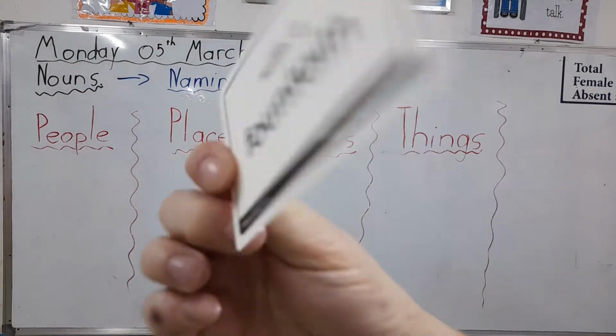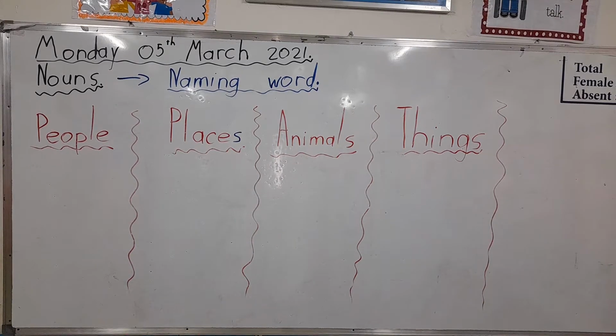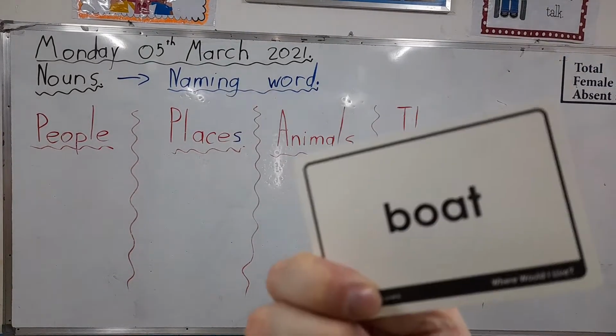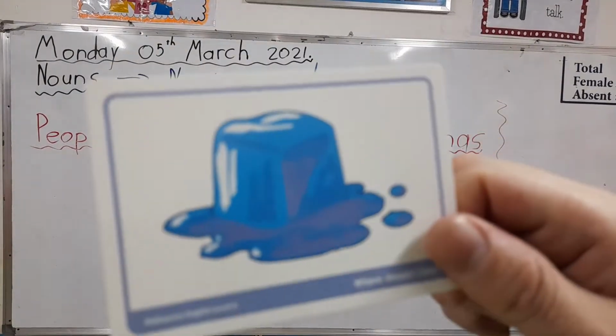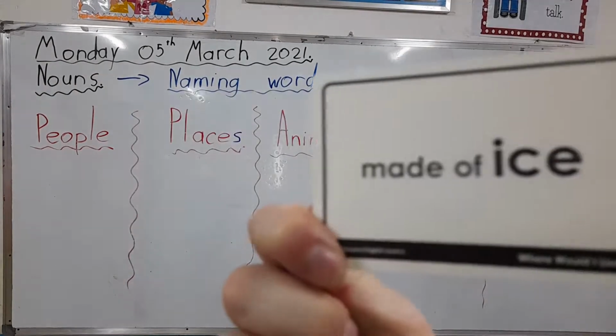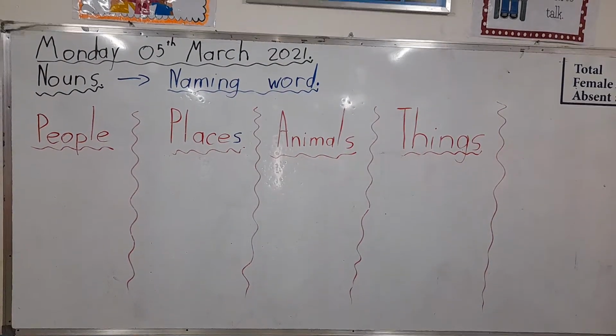Fountain. Remember fountain near the mountain? Easy. You know this one. Boat. Very good. What about this guy? It's very cold. We like it if it's hot. Ice. Very good. Let's keep going.